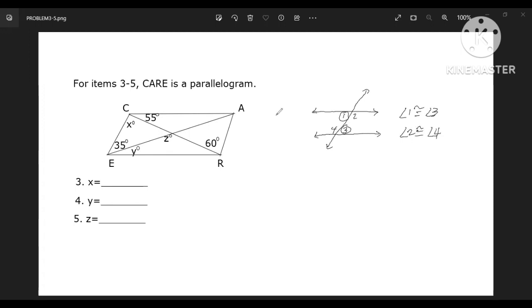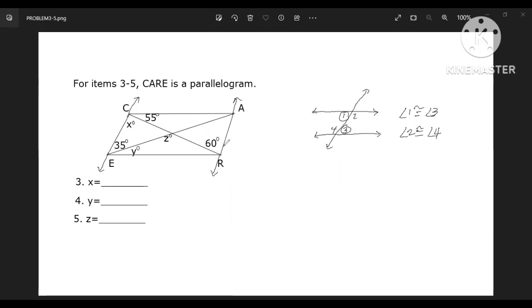So itong concept na ito ang gagamitin natin to solve for the missing angles. How? Well, if I extend side AR, pag ito in-extend natin, and side CE, okay, notice that we have formed two parallel lines cut by transversal CR and EA.